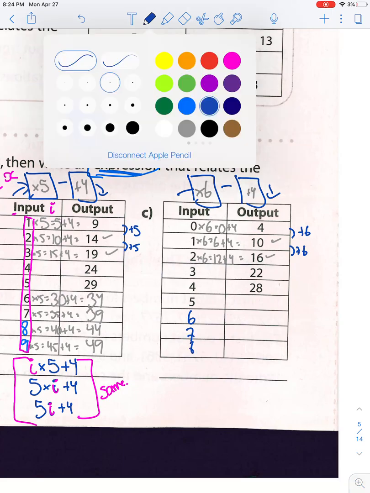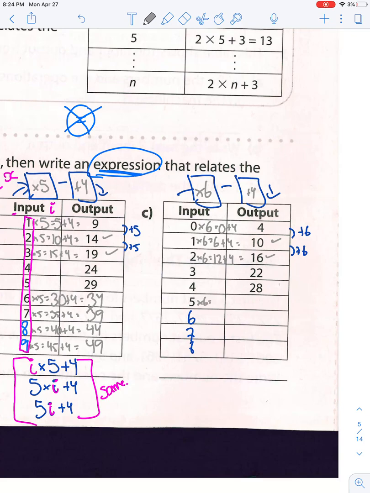Now, we're going to add on the rest of the values. Okay, so 5 times 6 is 30, plus 4 is 34. 6 times 6 is 36, plus 4 is 40. 7 times 6 is 42. 42 plus 4 is 46. 8 times 6 is, wait, 8 times 6 is 48.